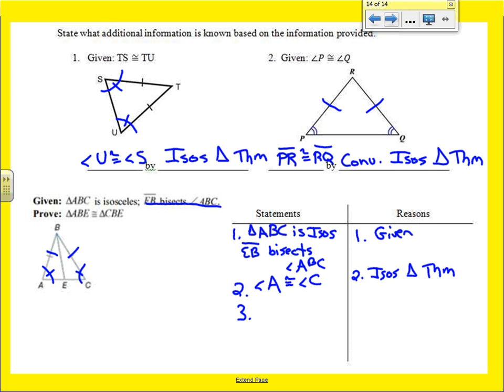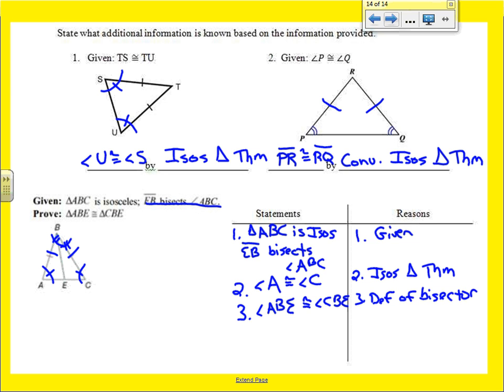EB bisects angle ABC. If it bisects an angle, that means your angle is split up into two. That means that in this case, we have angle ABE that is congruent to angle CBE. And we know that is true by the definition of what we know a bisector to actually be.